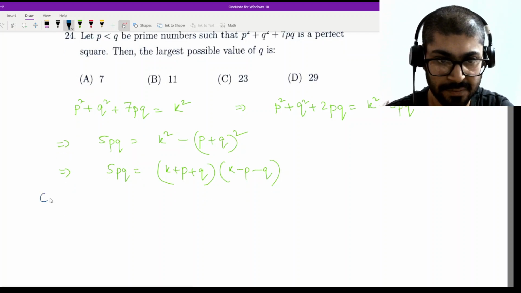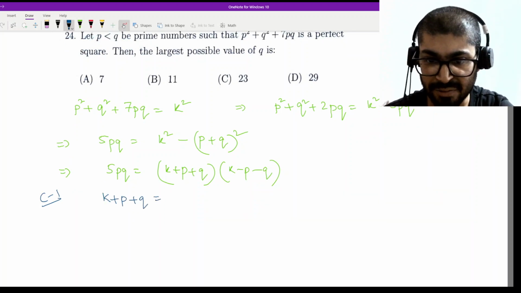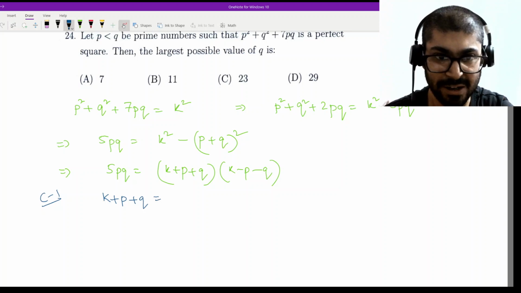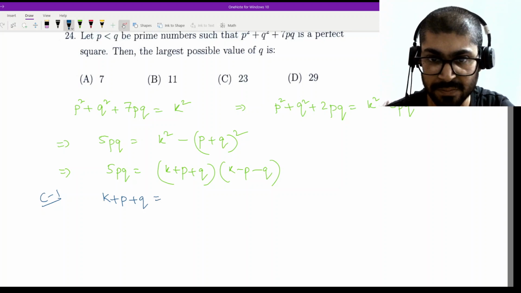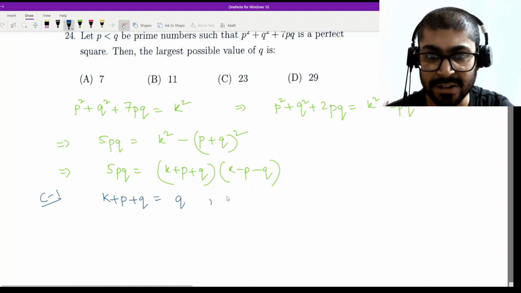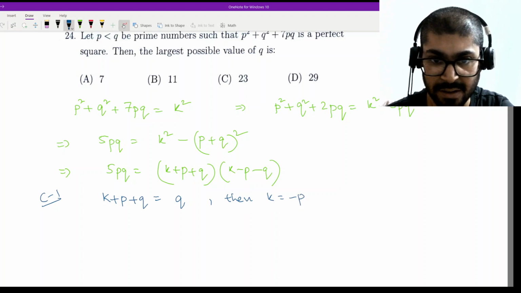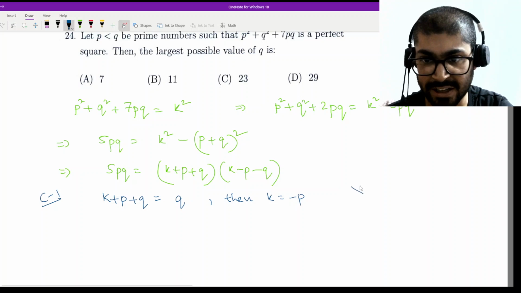Case 1 would be k plus p plus q equal to q. This is the multiplication, so this can be q. If this is q, then k would be equal to minus p, and that is not possible. So this case is eliminated.